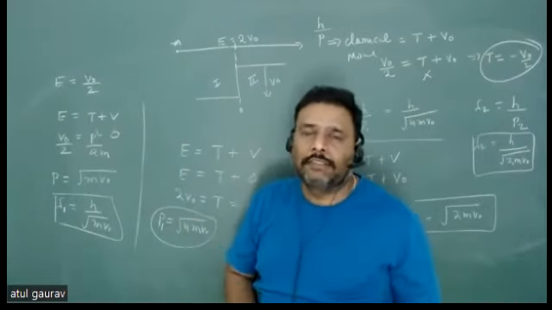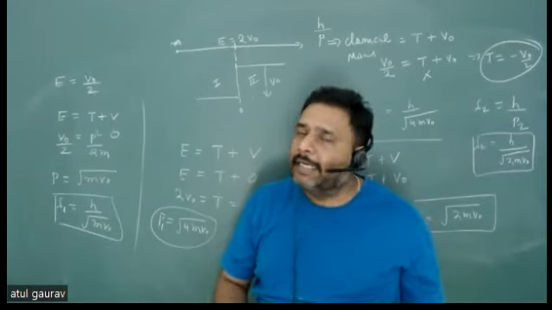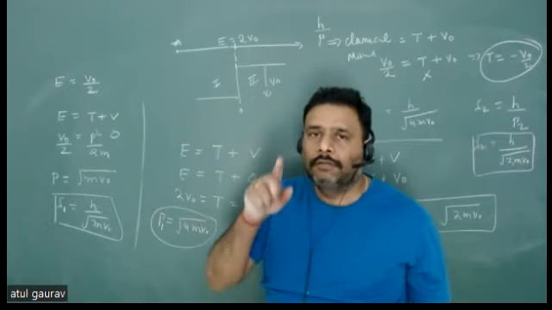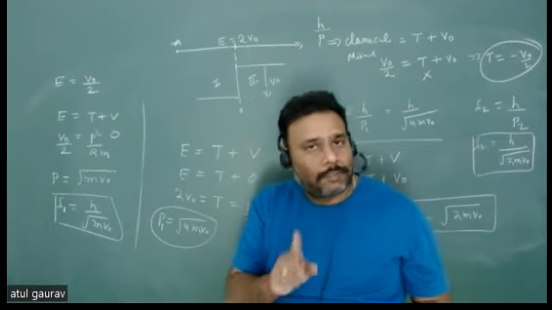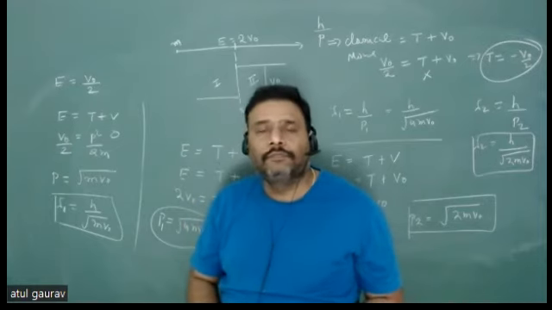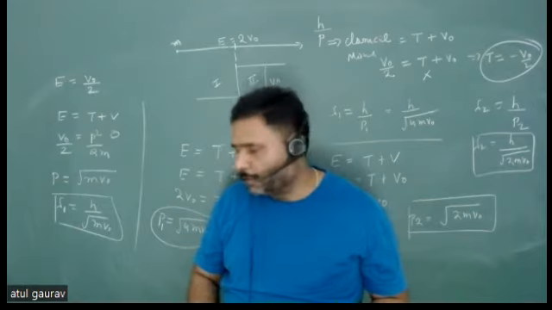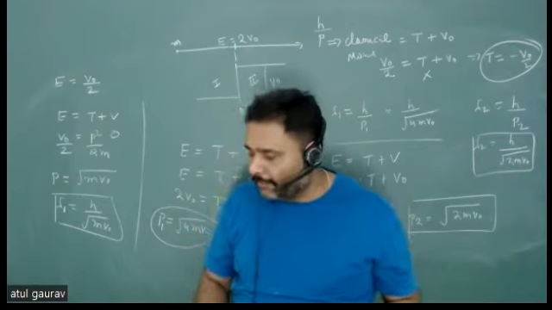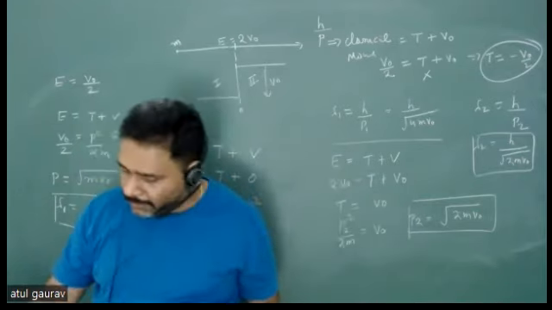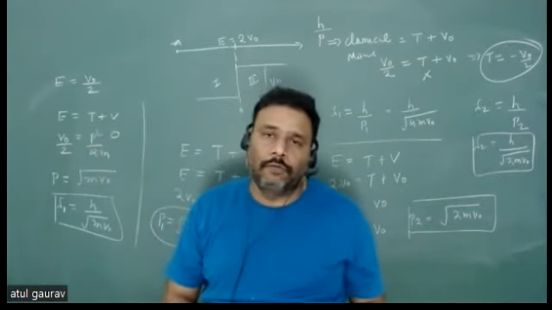That hypothesis is lambda is nothing but h upon p, and always remember that p is nothing but classical momentum. Everyone is comfortable? Okay. So you can go and revise with your material. Everything is given in the material, and we will do some problems in the next class.